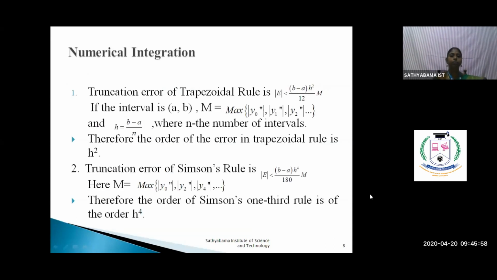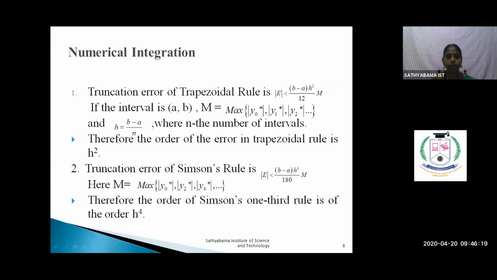So if I want to find the length of h, what formula do we take? In many problems we are finding the h value. The h value will not be given in that question. So we want to find out that h value. So h is equal to (b minus a) by n.